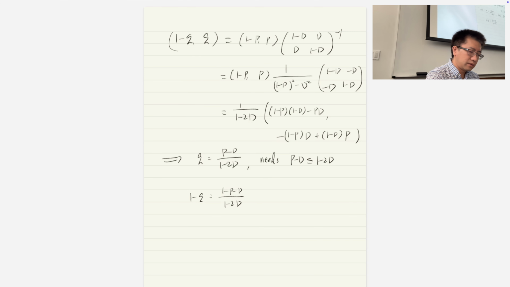It's a probability, okay? Therefore, we can get d is less than or equal to 1 minus p, right? Similarly, for the second equation, we still have the same thing. So this guy has to be less than 1 minus 2d. Therefore, we can get d less than or equal to p, okay? Therefore, we get d is less than or equal to the minimum of p and 1 minus p.